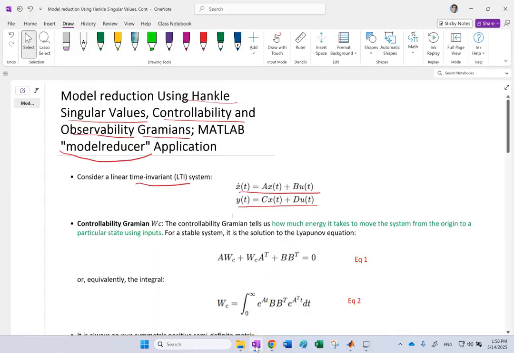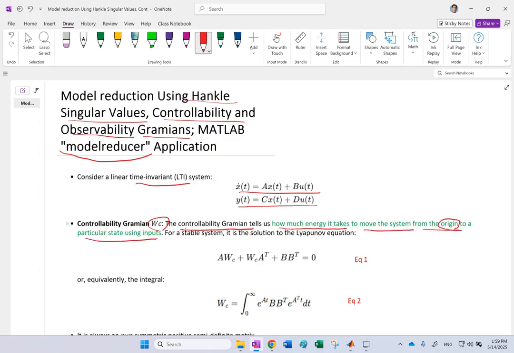But this is different. What we are talking about is the Gramian. The Gramian is a little bit different. What is that? The controllability Gramian matrix W_C tells us how much energy it takes to move the system from the origin to a desired state using the inputs.